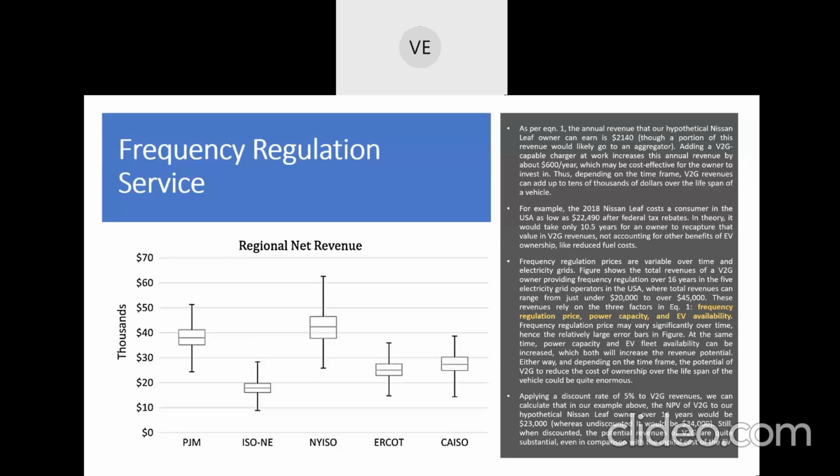So by discounted cash flow, we assume that $23,000 is the revenue that is earned by the Nissan Leaf owner as per the present value. So you can see that it actually exceeds the upfront cost.